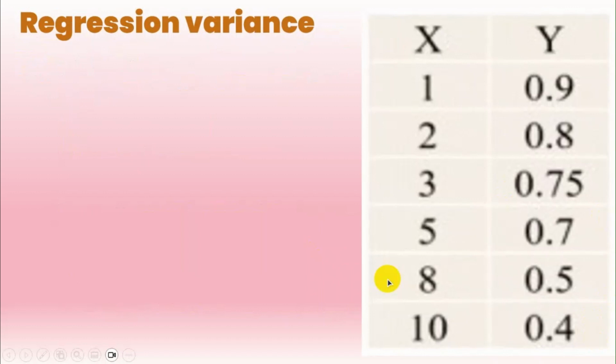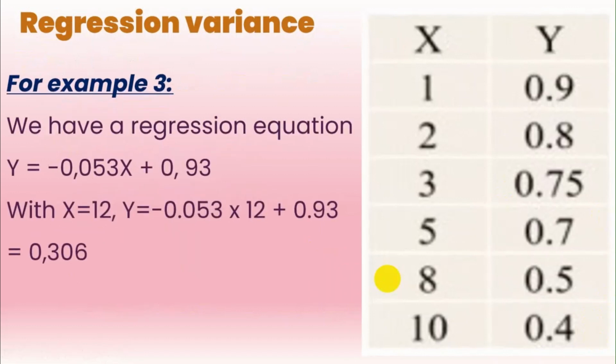This is for example 3. We have the regression equation y equal minus 0.053x plus 0.93. With x equal 12, y equal minus 0.053 times 12 plus 0.93, which is equal 0.306.